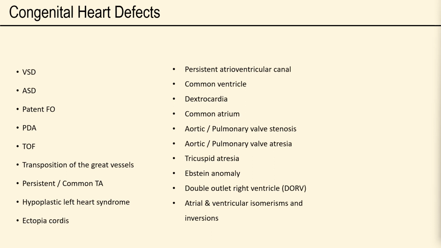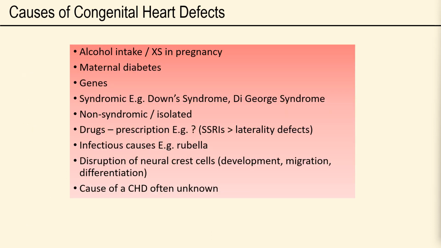Here are a few relatively common heart defects. But what can cause them? Well, there's quite a range of causative factors. We know that excessive alcohol intake during pregnancy can cause them, as can maternal diabetes. We know that they can be influenced by genes, and they may be syndromic or non-syndromic.